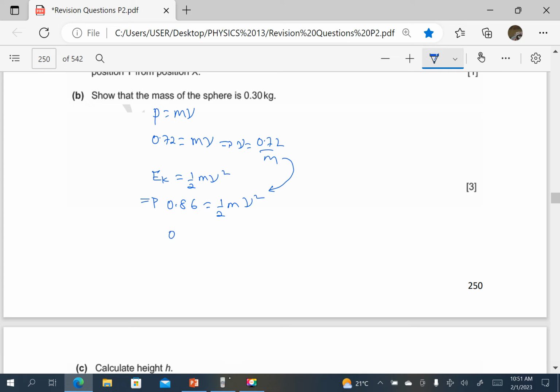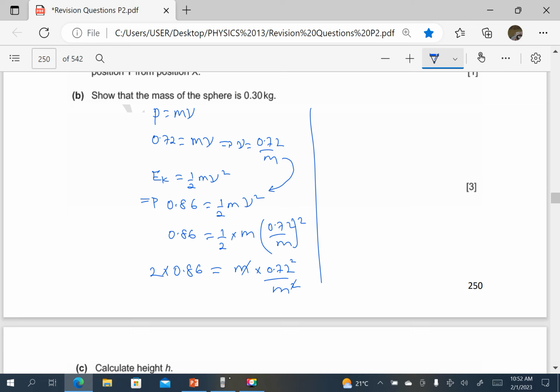So it means 0.86 is going to be equal to a half times m, where there is v squared. I'm going to put there 0.72 divided by m, but this should be squared also. So I open the bracket. Maybe I can multiply both sides by 2. 0.86 times 2 is equal to m times 0.72 squared, divided by m squared. So this square cancels with that one. The mathematics student does not show all this algebra.